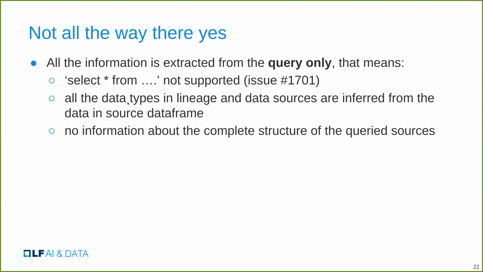The other drawback is that all the data types have to be inferred from the data types present in the data frame that is the result of the query. That is not exactly accurate, but for now it's the best we can do. And we cannot get the complete structure of the data source that we query. So, no connection to external sources yet. And I think that is it.